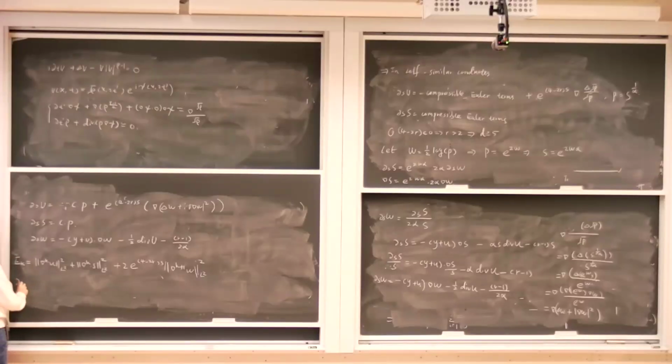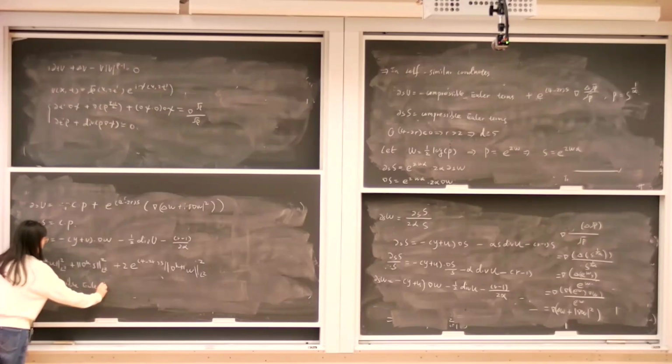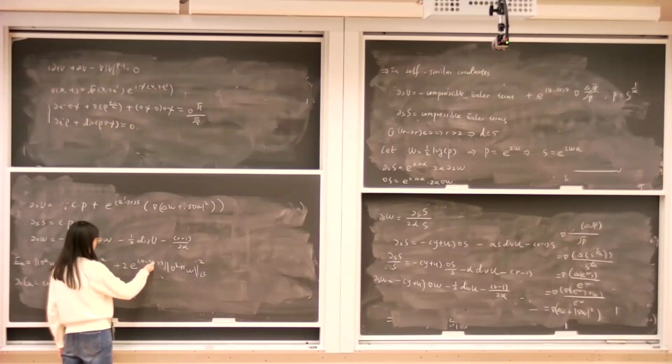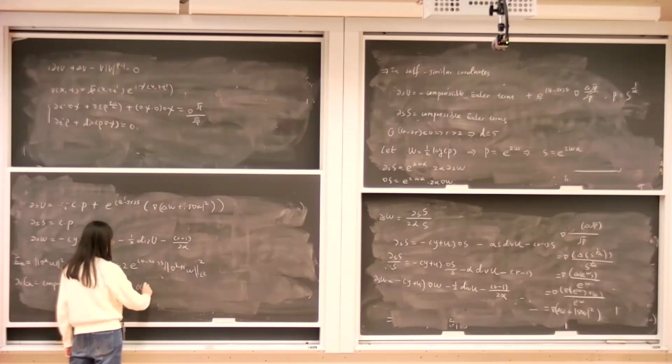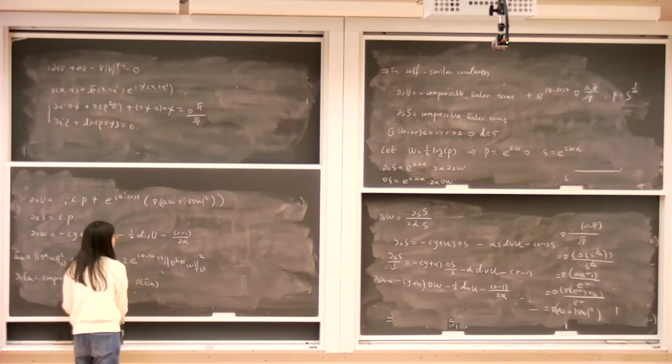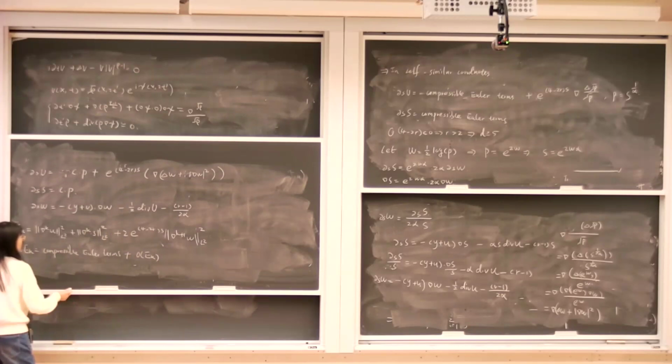So partial S EK still has compressible Euler terms plus some bounded terms. For example, the derivative hit here will be bounded. So I will not write down details. But the real terms that matter are those.